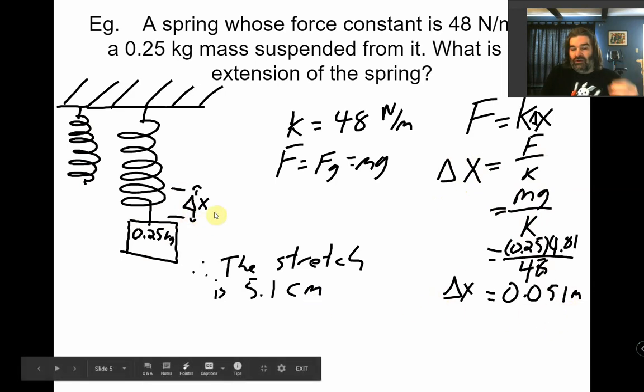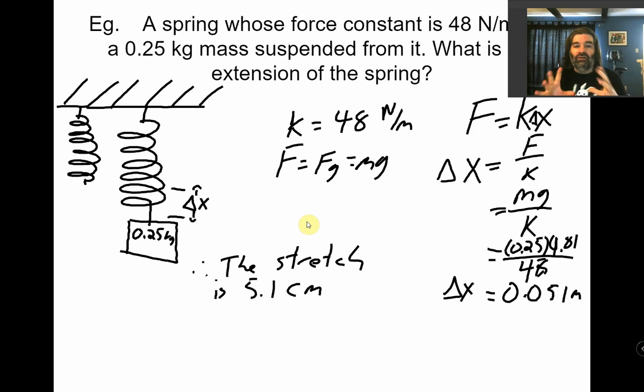So we know that spring is going to stretch 5.1 centimeters. This is how we can pick a spring for a job, because we can predict the forces and the stretches they're going to have. And keep in mind, it's exactly the same for compression, except compression will be a negative force, which would create a negative distance when we calculate it.